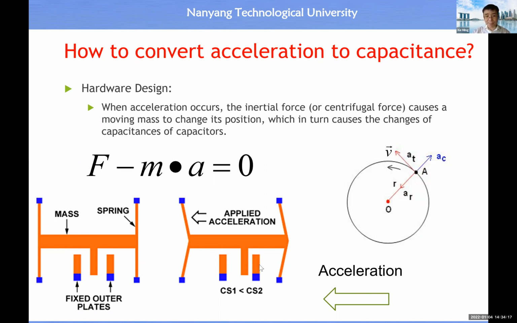Then in this case, the gap between these two parallel plates becomes smaller. Then in this case, capacitance will increase, all right? Then if we also consider capacitance between these two parallel plates, then capacitance between these two parallel plates will be reduced, right? So it's quite straightforward working principle.